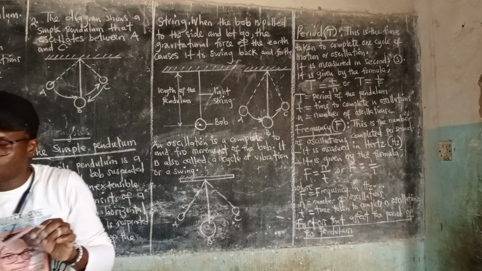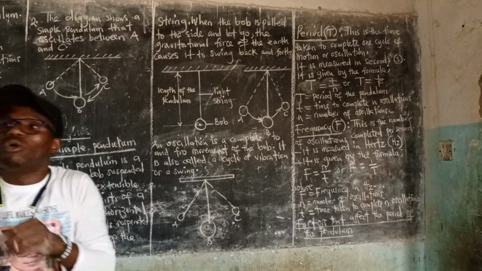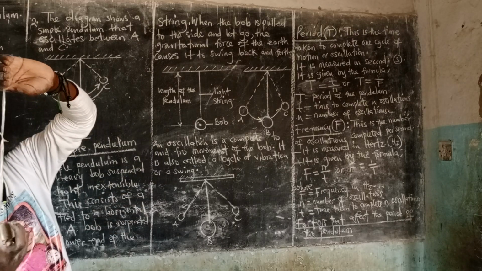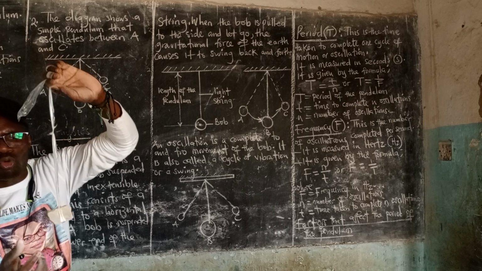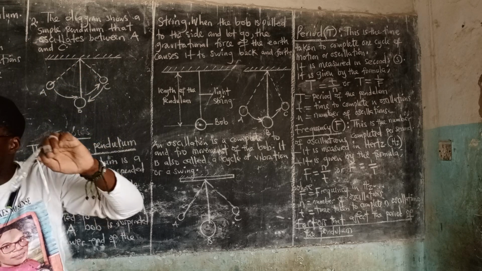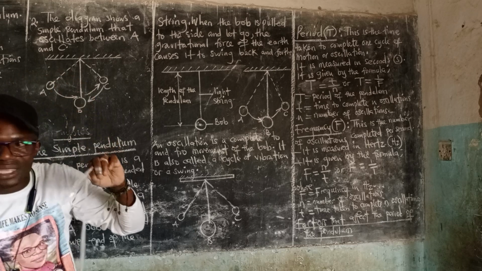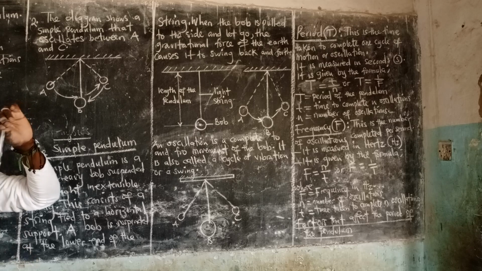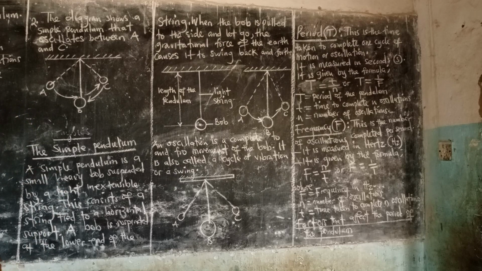The time it takes to swing from A to B, and back, will be the period of the pendulum. Now, if I change the bulb, the time it will take is still the same. So the mass of the bulb does not affect the period of the pendulum, but the period of the pendulum is affected by the length of the string. Are we okay there?